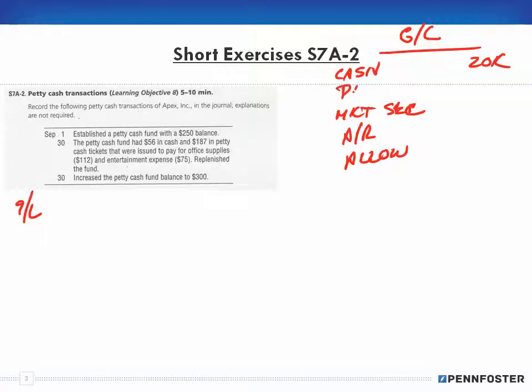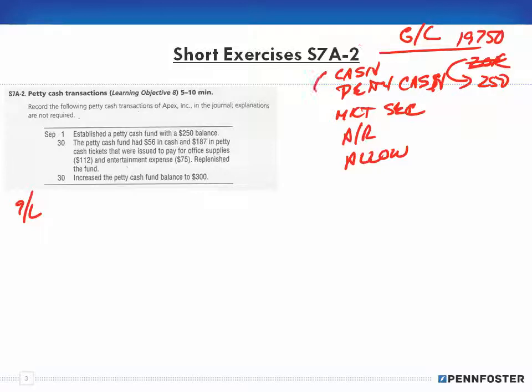You'll create a new general ledger account called petty cash, and you're going to fund that account. In this case, it's for $250. So you're going to transfer $250 from your cash account to the petty cash. Your cash is no longer going to be $20,000. It's going to be $19,750.